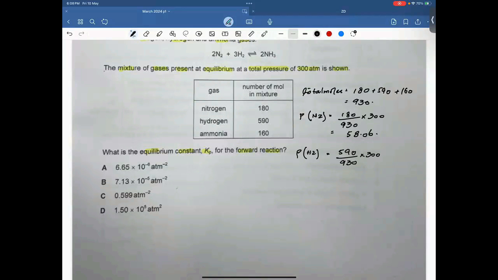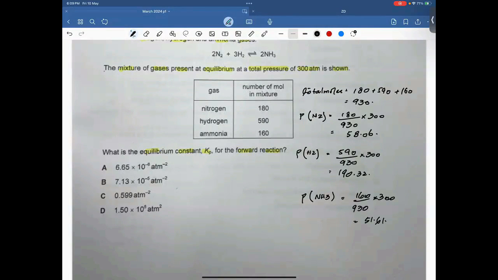So it's basically 190.32. Similarly, I need to find the partial pressure of ammonia. Moles of ammonia is 160 divided by total moles 930, into pressure, which is 300. So it's going to be 51.61. Okay. So these are the partial pressures.